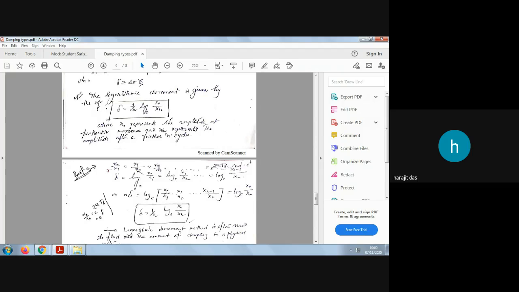This x naught and x1 need not be only millimeters and centimeters, but they may be in angular form also. So successive angular deflections may be given. Angular deflections are also the amplitudes in angular or transverse vibration. There we need to put the value of the successive angles, on the same side of the mean line. Then you will get the logarithmic decrement.